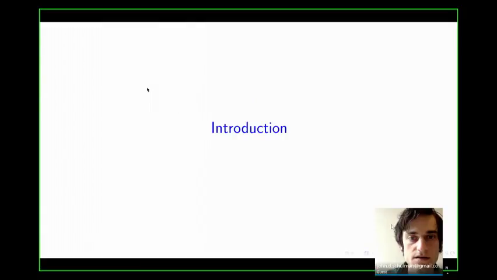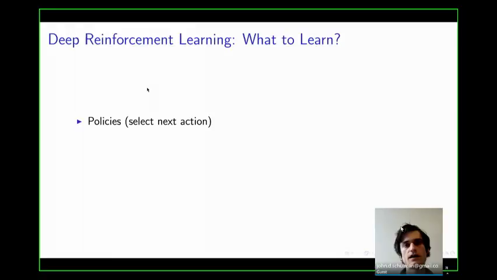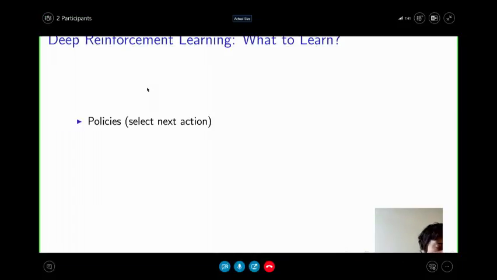Before I get into the details of some of these algorithms, I want to put them in context a little bit with the other algorithms from deep reinforcement learning. Deep reinforcement learning is just reinforcement learning where you're using neural networks as your function approximators.